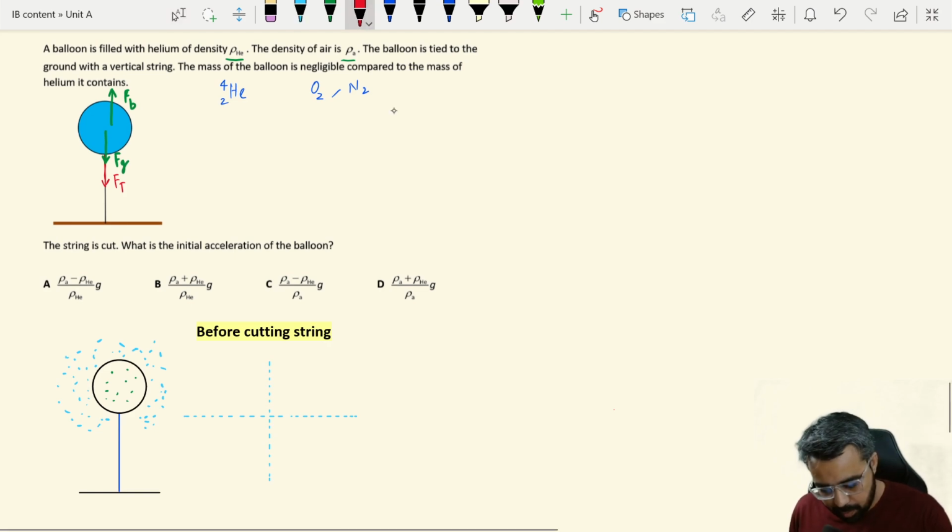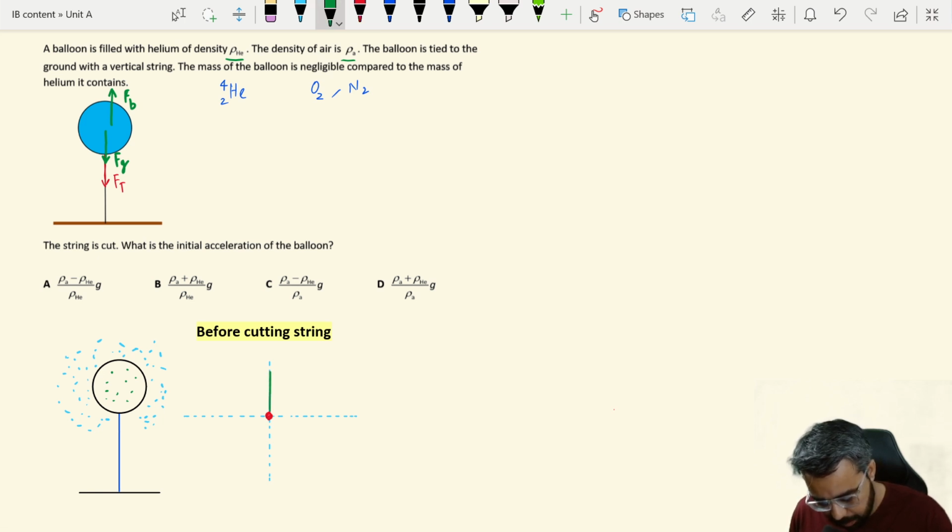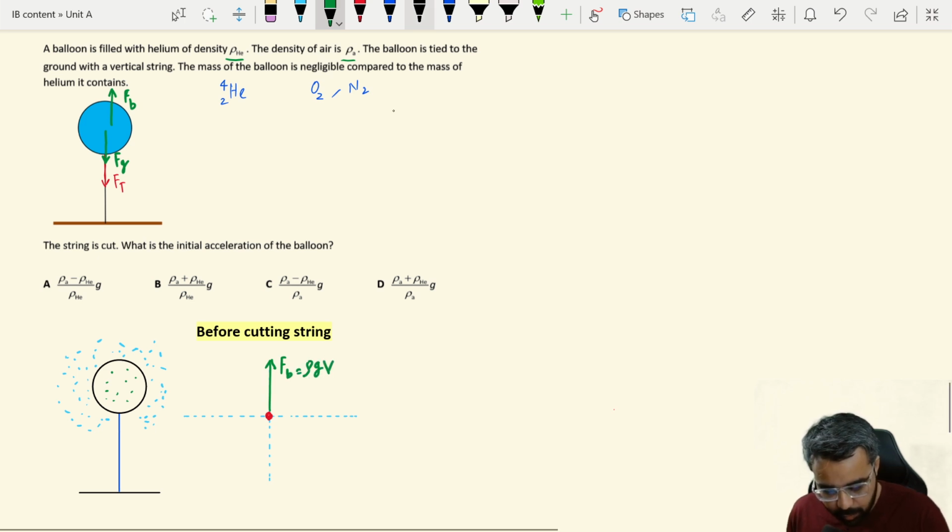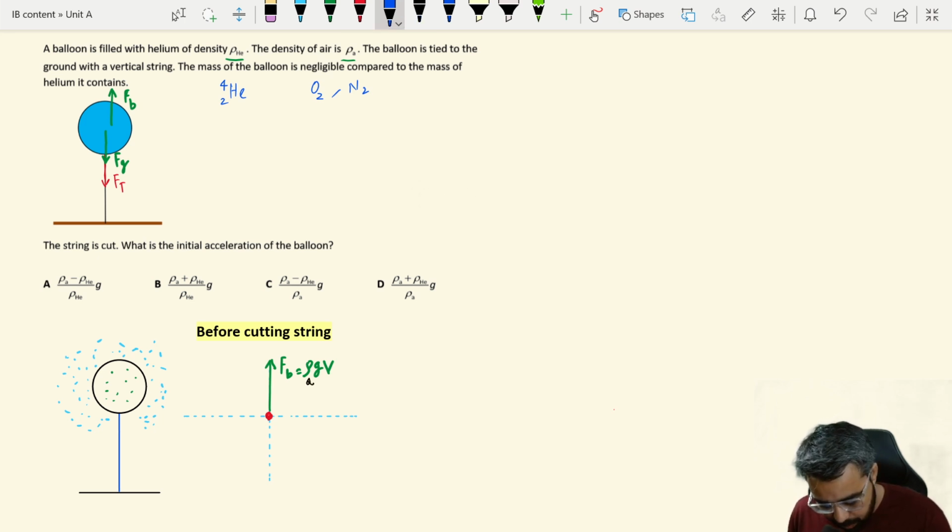Why? Because as I told you, there must be the buoyancy, the upthrust force exerted by one fluid on the other. All right, so this is the buoyancy, that is rho g V. So the density of the fluid, that is of course air, so rho a. Whereas the other force is the weight of the gas inside, let's say Fg.